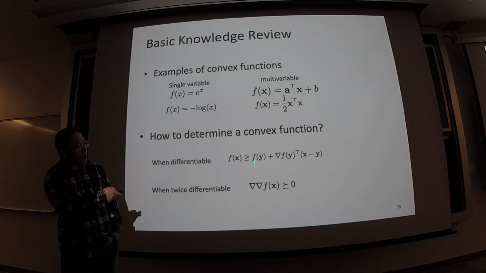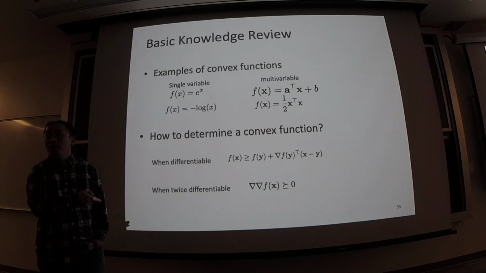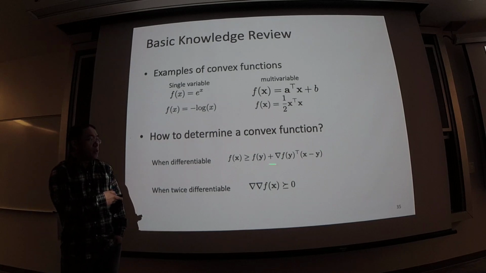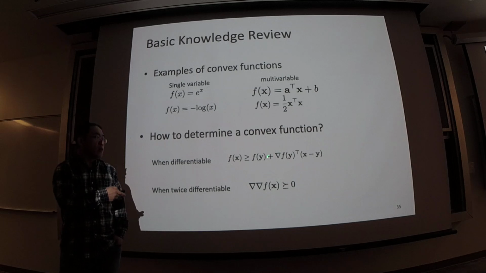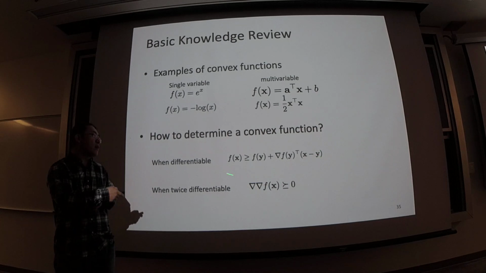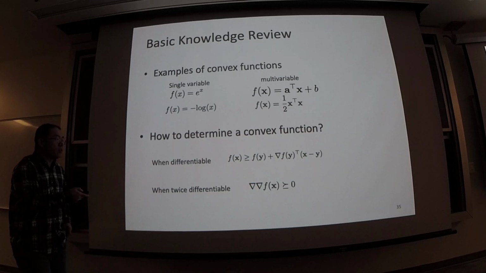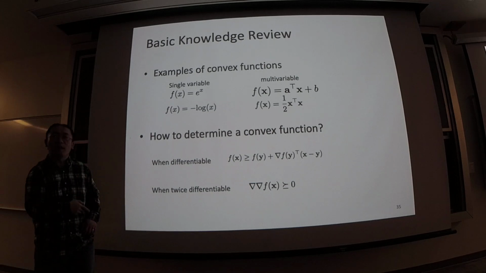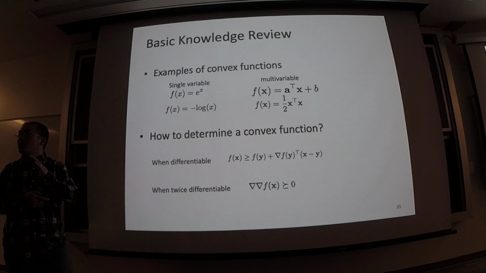So the right-hand side is essentially a first order Taylor expansion, right? The first order Taylor approximation of your function, which geometrically speaking is a tangent line at position y. So basically, the geometric meaning simply says the convex function must stay above any tangent line.